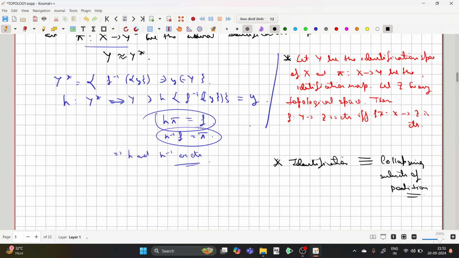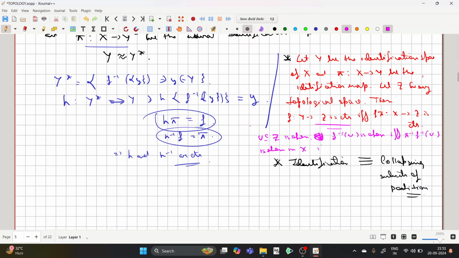Clear? Okay, how should I prove this statement? I'm not given a proof of this. The proof is fairly simple. If you start with a set U in Z which is open, then f inverse U is open if and only if π inverse f inverse U is open in X, because π is the identification map.